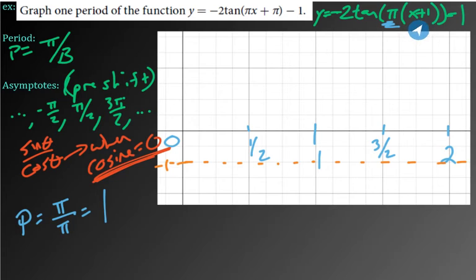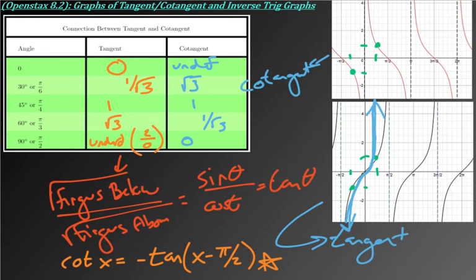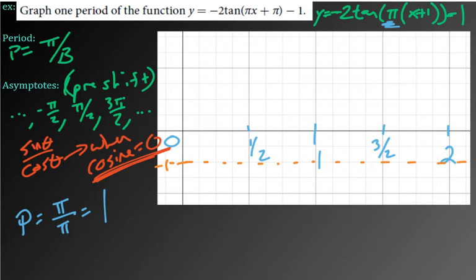And then the only other thing we have to do is the +1 here. So normal tangent has a y-intercept. The cotangent does not have a y-intercept. Tangent does. So normally I'd be at this point, and I would go up like that, right? But for this one, the +1 means it's going to shift 1. So there would have been a point here, a point here, and a point here, and you would have had this graph.